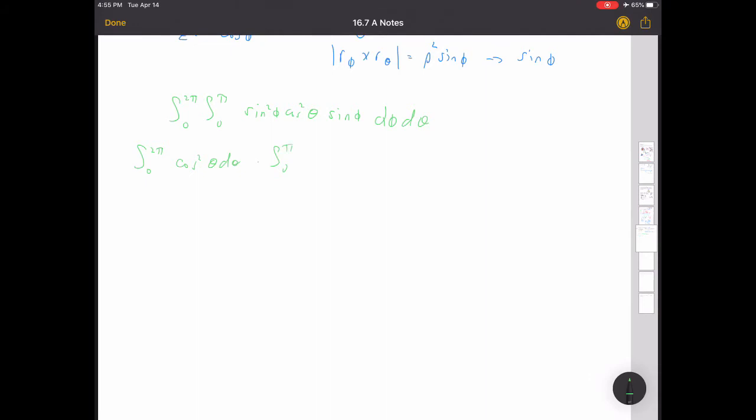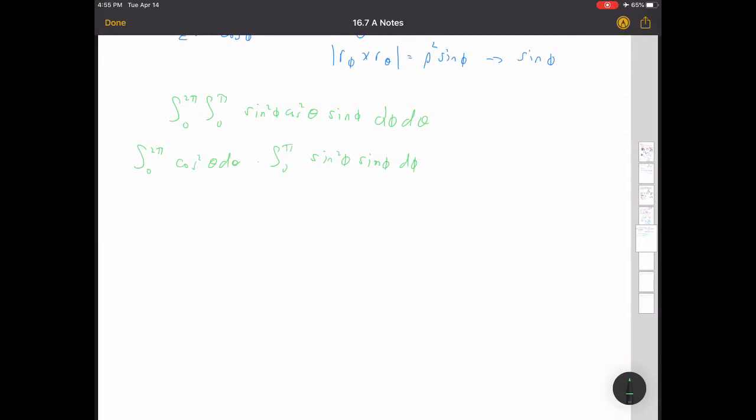Phi is going to have a sine cubed. I'm going to leave it, however, as sine squared phi sine phi d phi. In case you did not remember this technique, this is what you're going to have to do in order to reduce sine cubed.